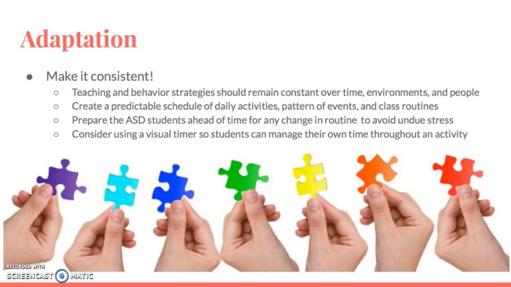We tell the student beforehand, hey, we're going to go take our picture today, and then we're going to come right back to class and it's going to resume as normal. Telling them beforehand means they anticipate what's going to happen. And maybe having a timer so students can manage their own time throughout an activity. They know how much time they have left, when they're supposed to start, all of that.